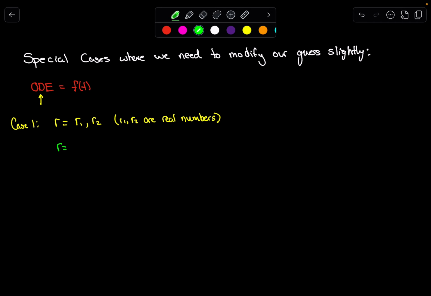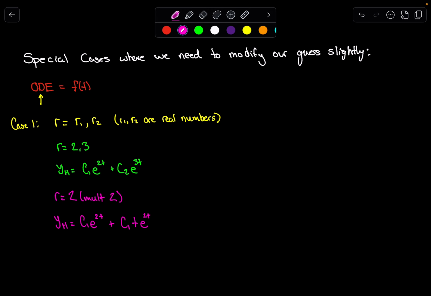Say r was equal to 2 and 3, then the homogeneous solution would look like C1 e to the 2t plus C2 e to the 3t. And in the case that r was equal to 2 with a multiplicity of 2, where the root repeated itself, the homogeneous solution was like C1 e to the 2t, but instead of writing the same thing twice, we slap on this extra t because we had multiplicity. This was the trend.